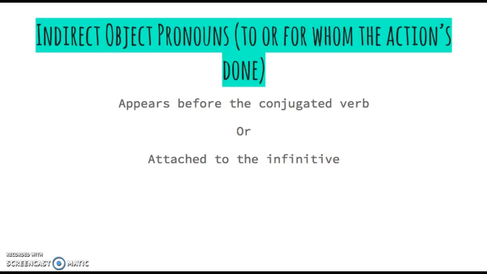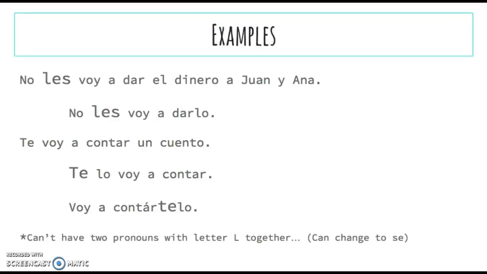Your indirect object pronouns can appear before the conjugated verb or attached to the infinitive if there's a two-verb situation. Examples. No les voy a dar el dinero a Juan y Ana. I'm not going to give the money to Juan and Ana.